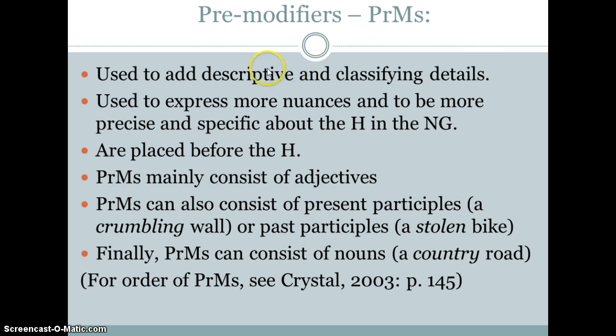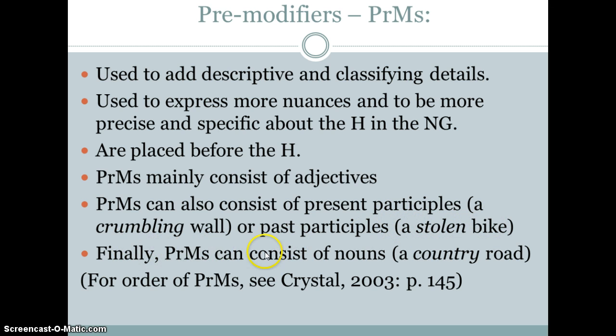Then we have pre-modifiers. Pre-modifiers are used to add descriptive and classifying details. They're used to express more nuances, and they're used to be more precise and specific about the head in the noun group. Always place pre before the head. Pre-modifiers mainly consist of adjectives, but they can also consist of present participles, such as a crumbling wall, which is the present participle, or the past participle, a stolen bike.